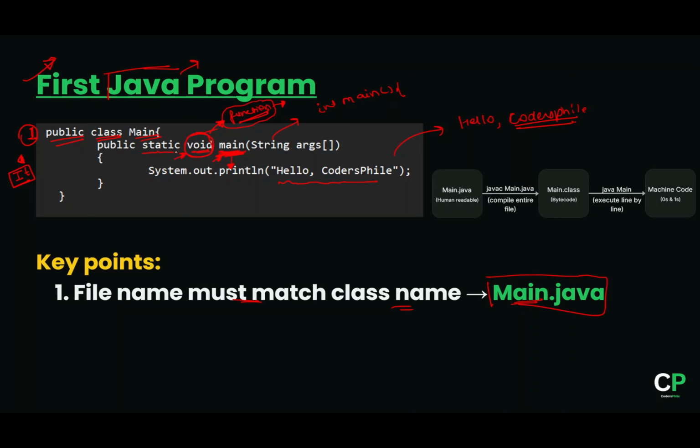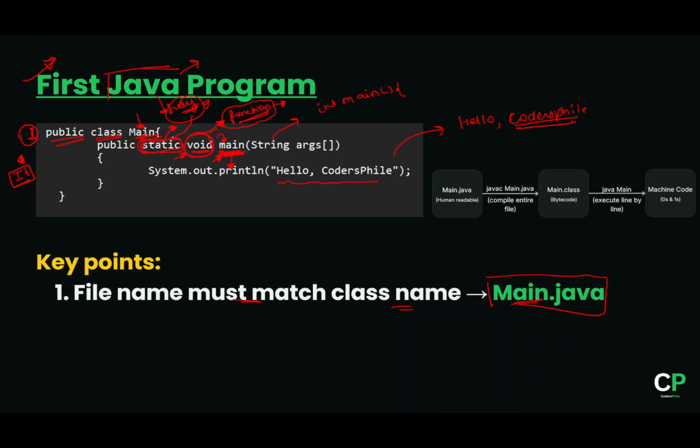And now what does static mean? Static means that this method can be called without creating an object of this class. Since Java is fully object oriented, in order to execute a method, an object must normally be created.